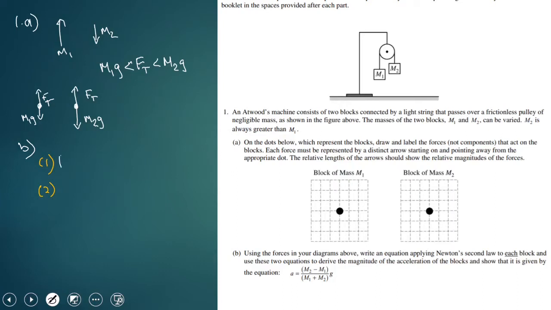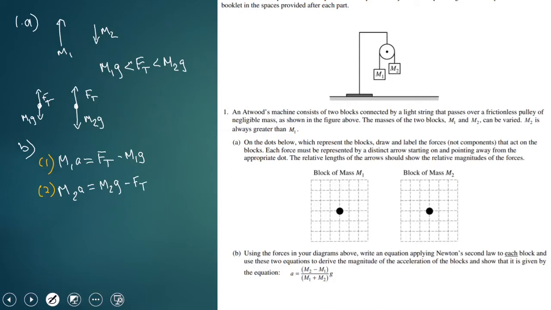So for block 1, M1a is equal to the force of tension minus M1g. Similarly, for block 2, M2a is equal to M2g minus FT.